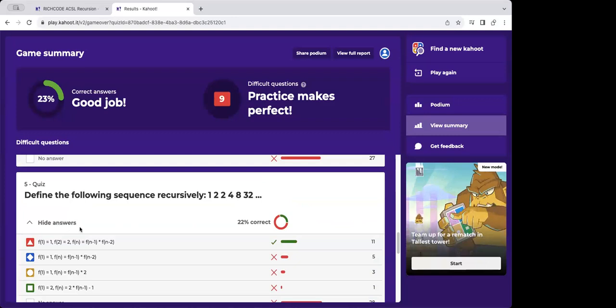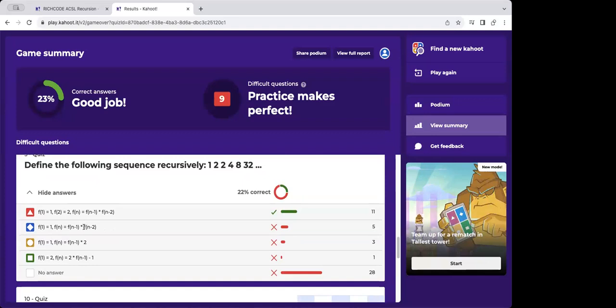Okay, question 5. We want to define it recursively. If you notice the pattern, each term is the product of the previous 2 terms, and we start with 1 and 2.